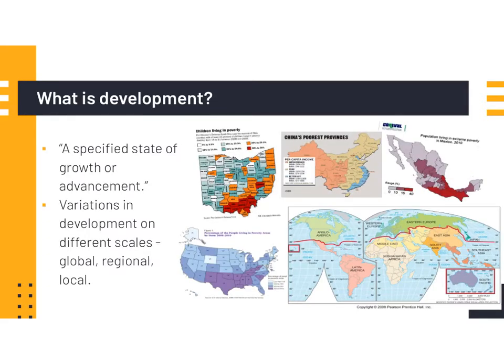So here's the definition for development: a specific state of growth or advancement. Different parts of the world are developed differently, and there are a lot of different indicators that make them look different. But for the most part, more developed countries have more industrialization, they have more machines doing more of the work, and people are physically doing less of the work.